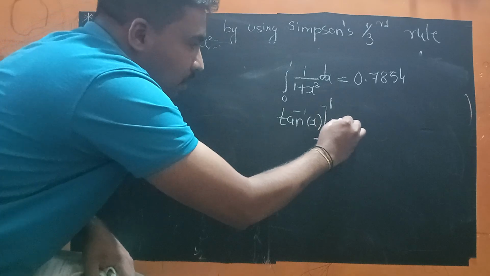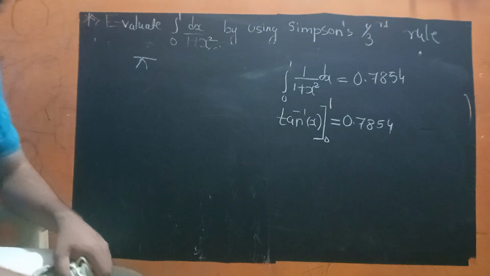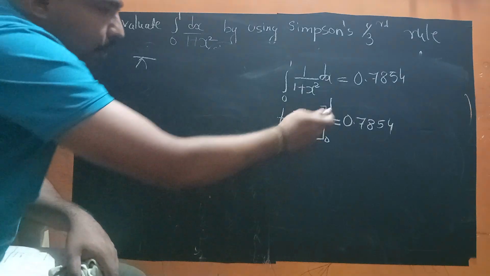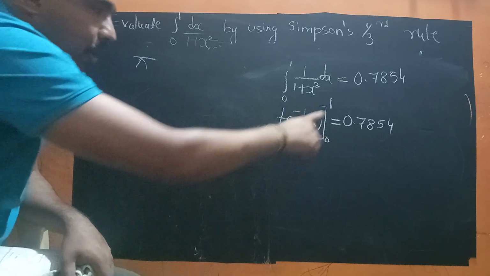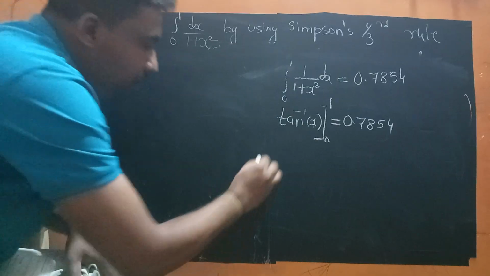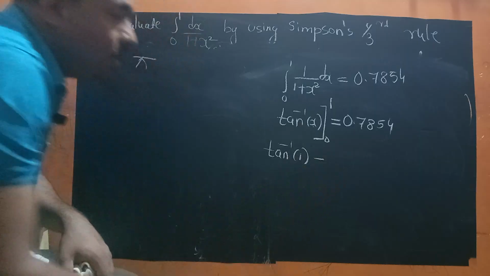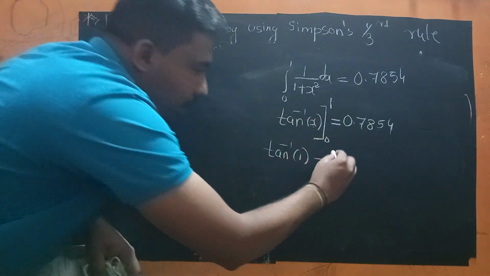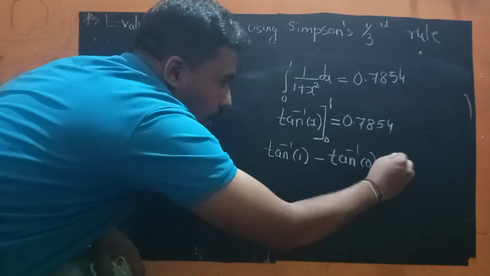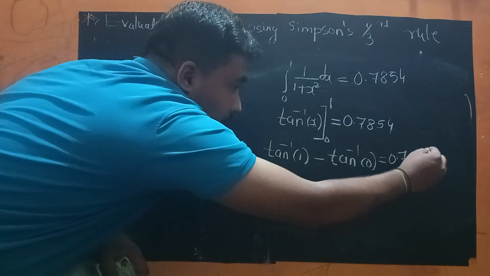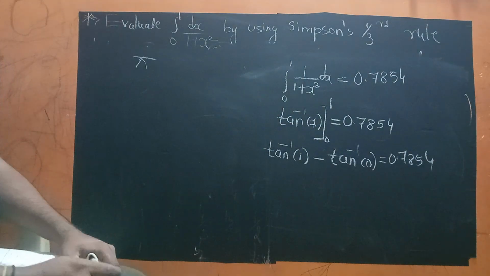And the right hand side answer is 0.7854. If I apply the upper limit and lower limit for tan inverse of x, upper limit in place of x becomes tan inverse of 1, minus the lower limit, tan inverse of 0. And tan inverse of 0 is 0.